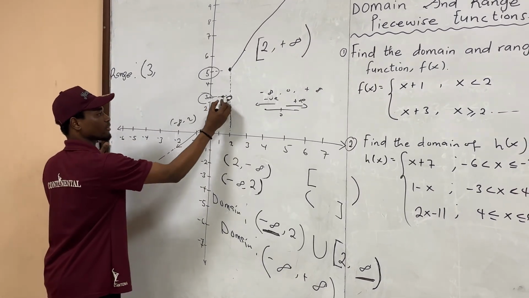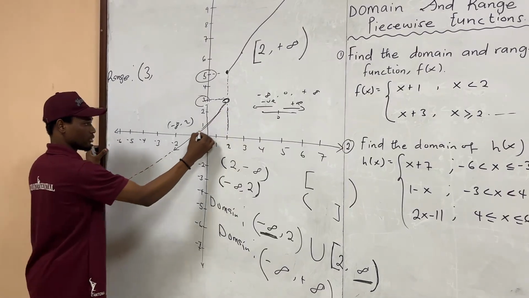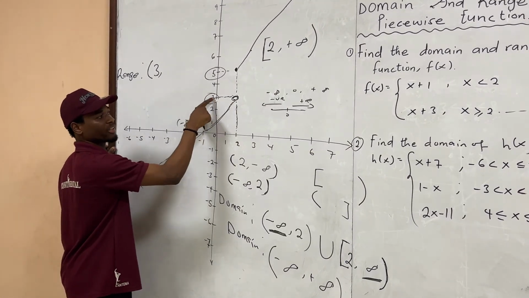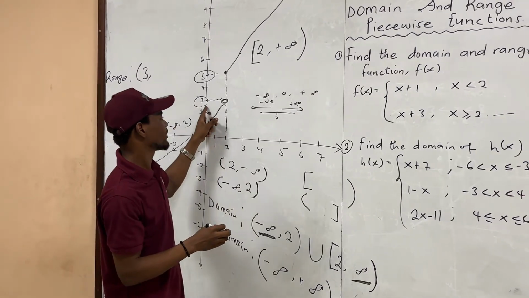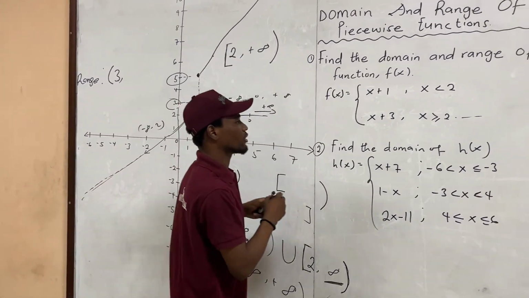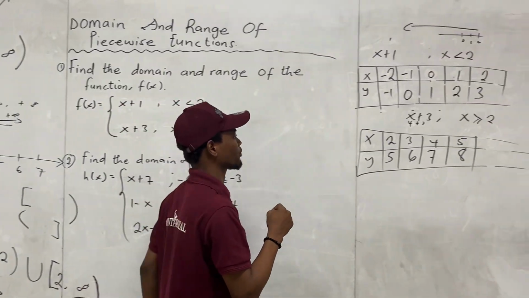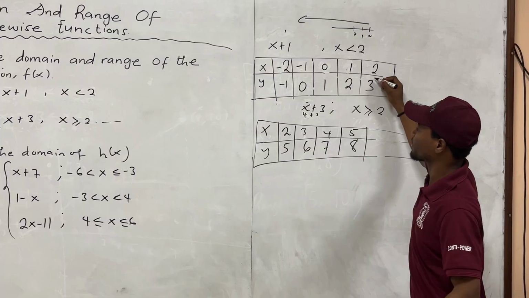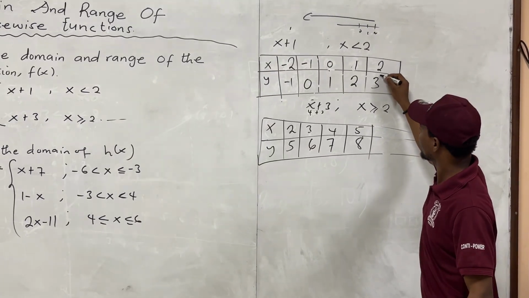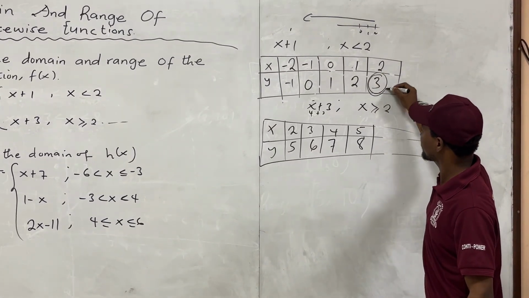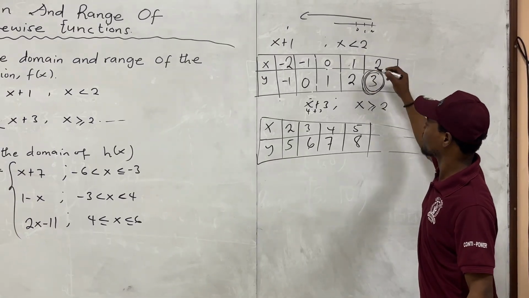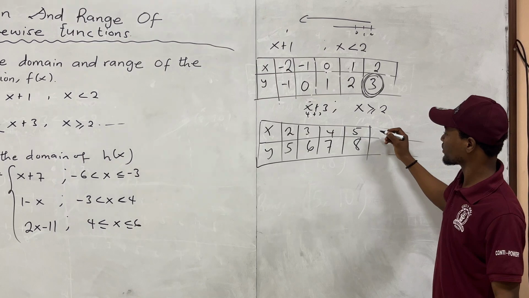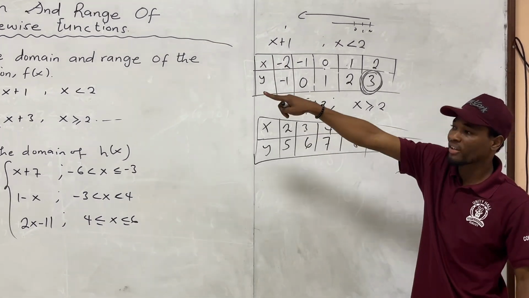Look, we are considering this function. So we start from 3. Let me use the table here. Viewers, look, this is the 3. And the second one, I'll show you the second one on the graph.